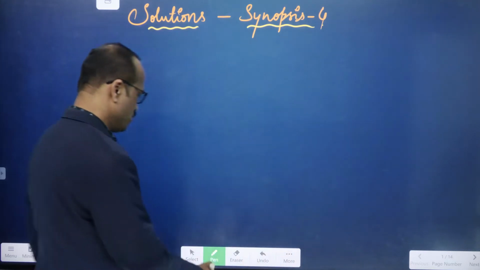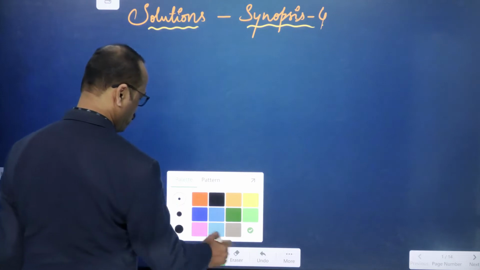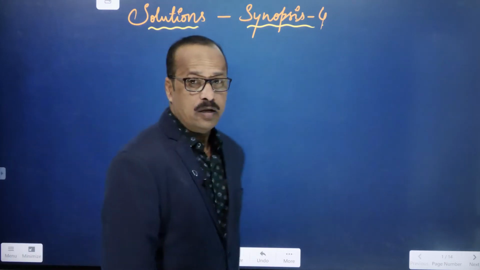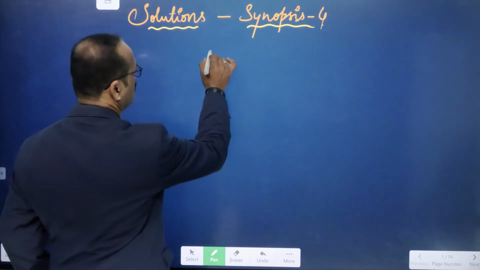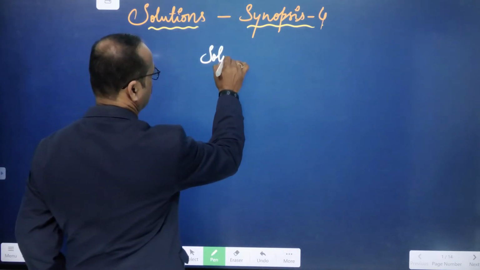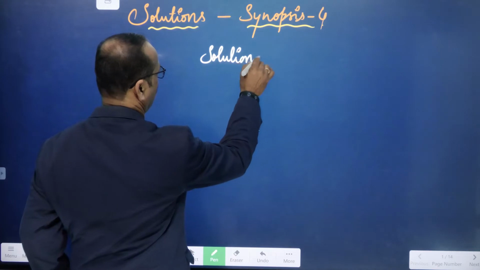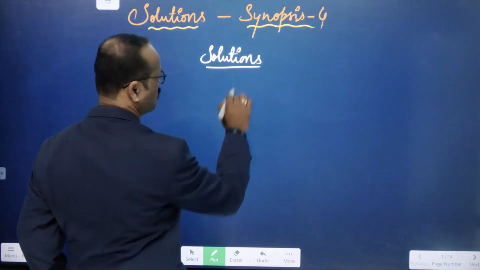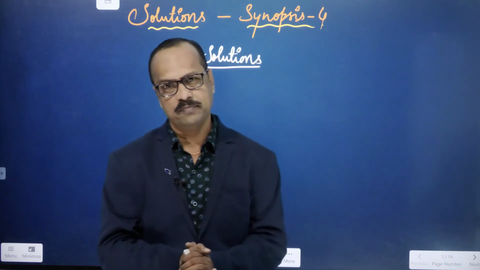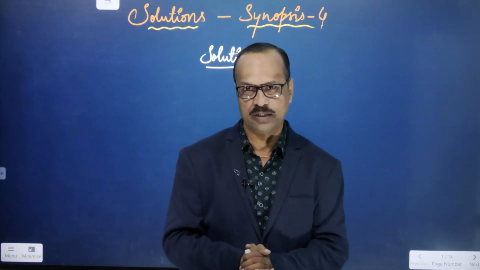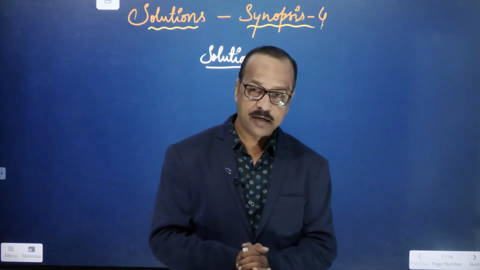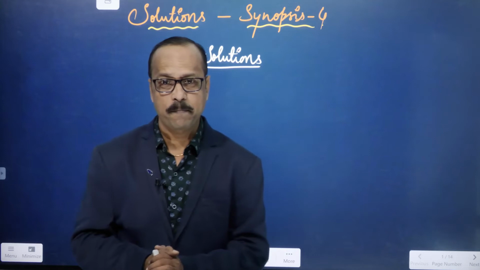So students, what is synopsis 4? We are discussing solutions only. A homogeneous mixture of 2 or more substances is called a solution. In that, particularly, we are discussing binary solutions.